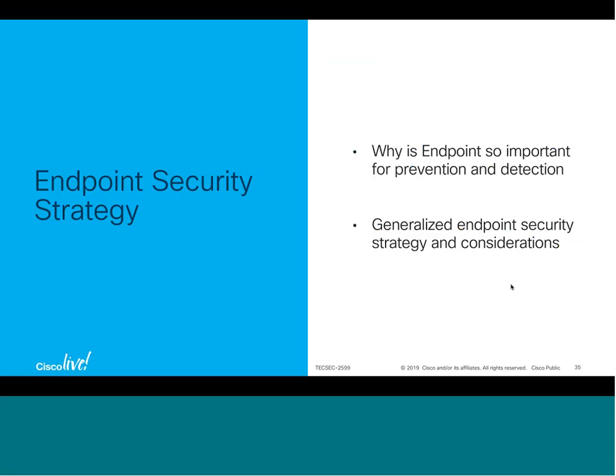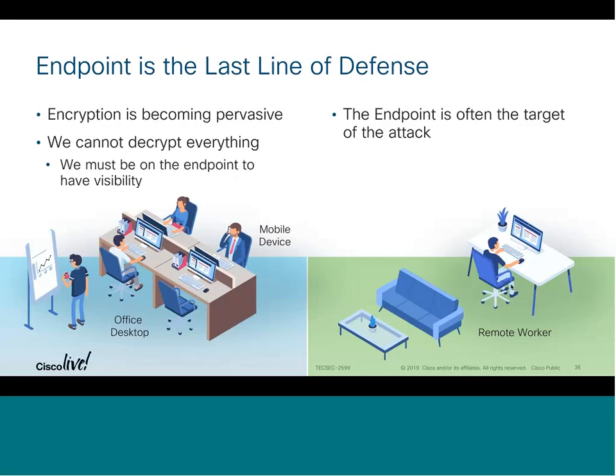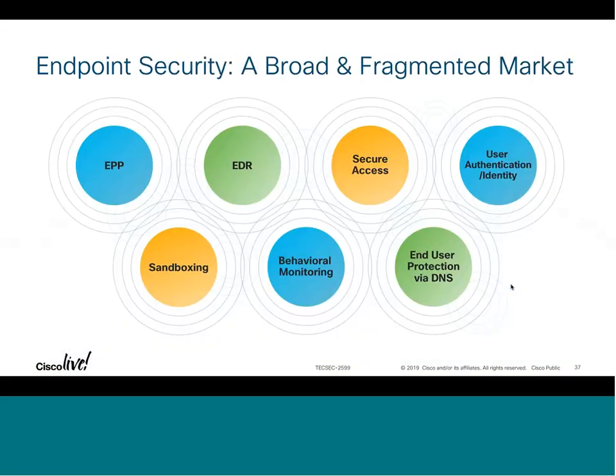Let's talk about what we're doing and why we're doing it that way. As I said, the endpoint market has been sort of shaken up in the last while because the options that are available to customers now go well beyond the traditional antivirus.